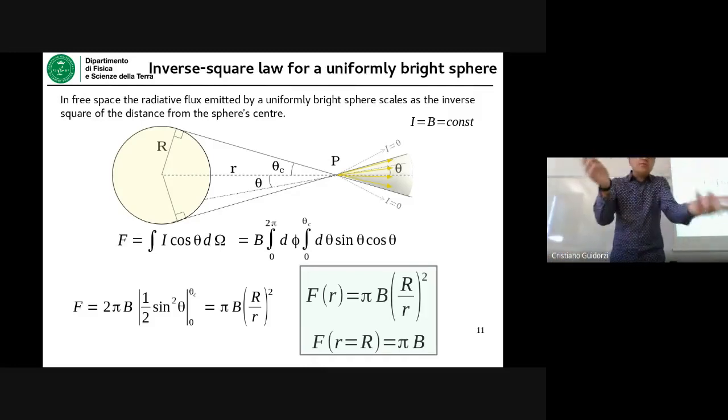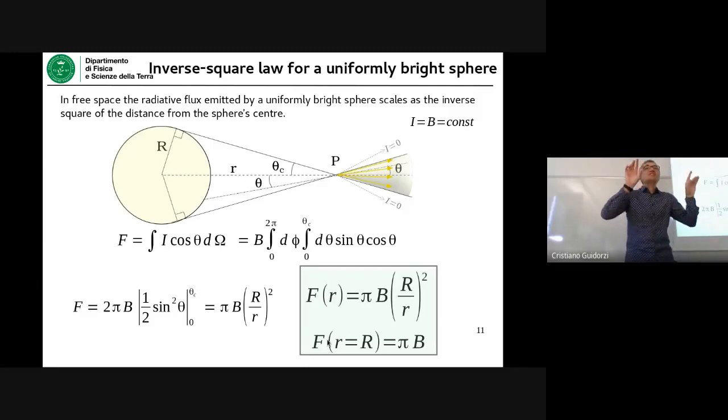Let's assume, for example, they are specific quantities. So if B here is B nu and F is F nu, B nu is a specific intensity. So it's energy per unit area, per unit time, per unit frequency, per unit solid angle. Times pi, you have specific flux, which is the same except for the per unit solid angle.